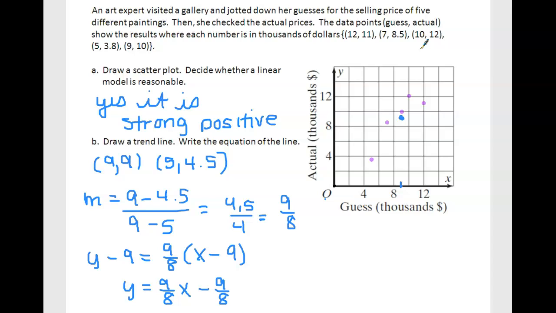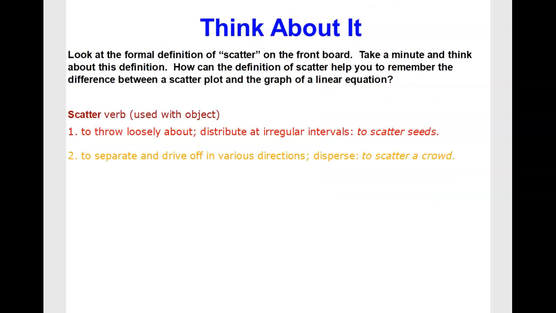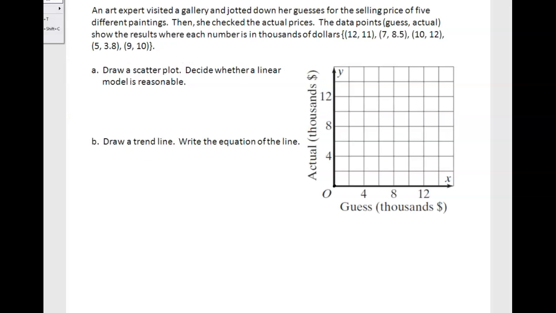So for today, we are focusing on plotting points, and finding the slope of those points, and then being able to find the equation using that slope. So let's look at one more example.